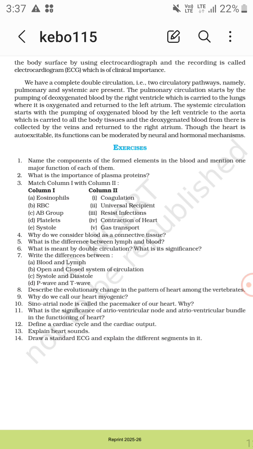P is for atrial systole, QRS is for ventricular systole, and T is for ventricular diastole.